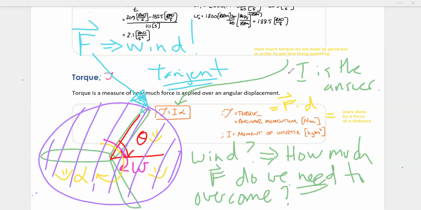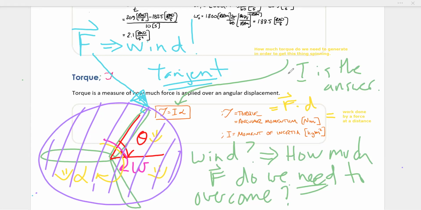Now think about this as a giant transport truck on each blade that you're going to have to spin. A giant transport truck that's not very aerodynamic and it's really, really, really heavy and it's really, really, really big. That's really hard to get going. Therefore, it requires more force displaced over a larger distance. And that means more torque.